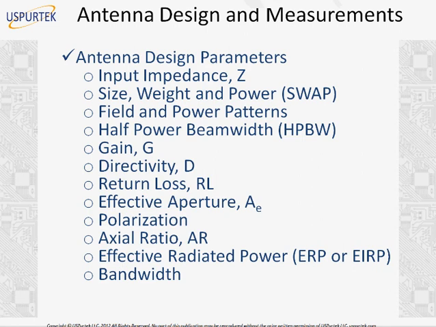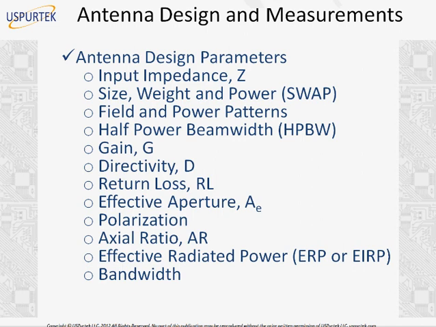Like we want to transmit the radio signal in one direction or multiple directions or omnidirectional. Then what is the return loss? Like can we afford any return loss or not at all? What type of impedance matching must we have? Effective aperture, what type of aperture or collection area of the signal for an antenna? Polarization, is it vertically polarized or horizontally polarized or circularly polarized?